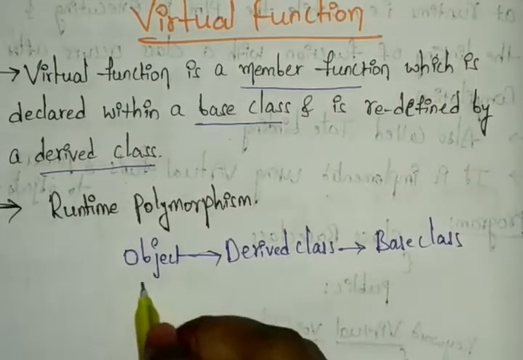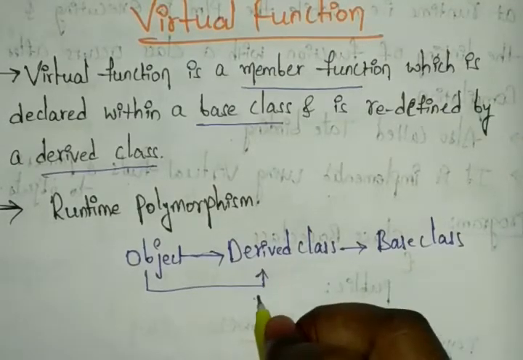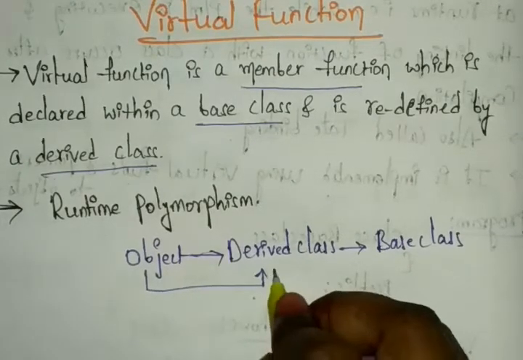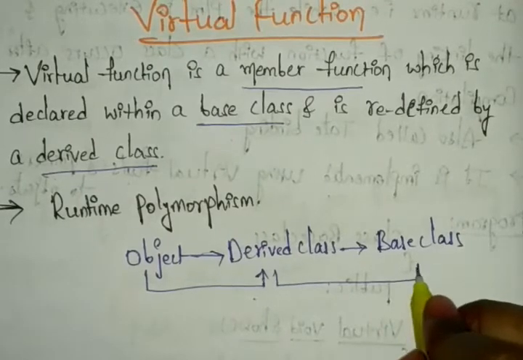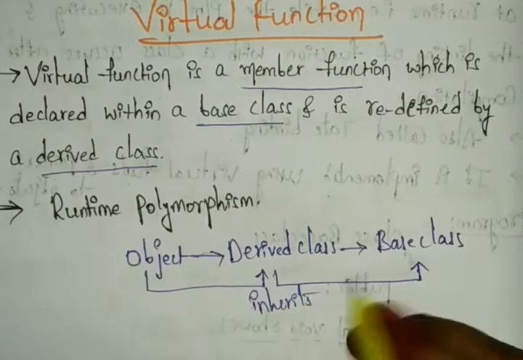So the object inherits the derived class, and the derived class inherits the base class. You can write here: inherits.